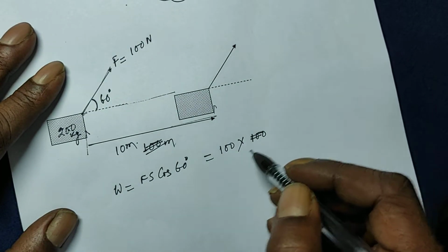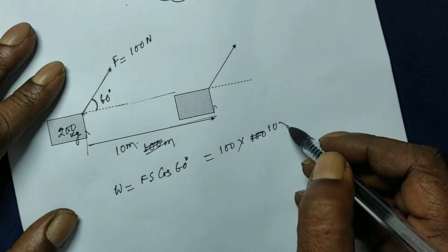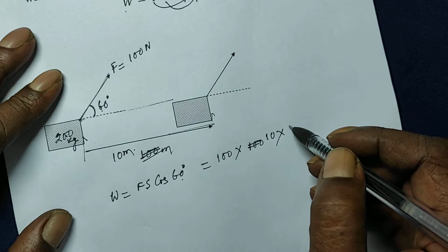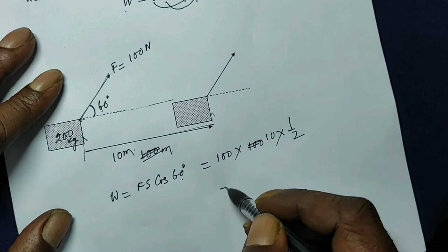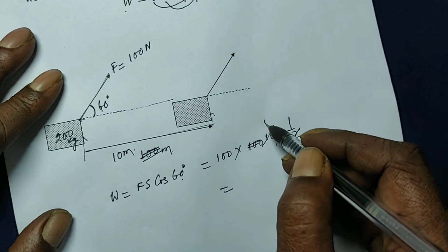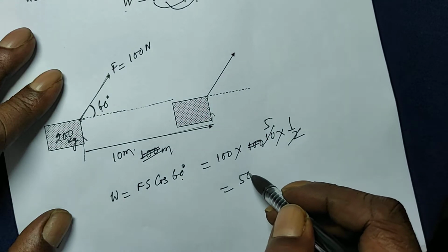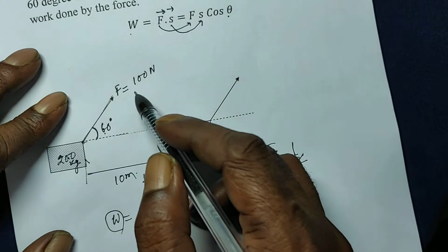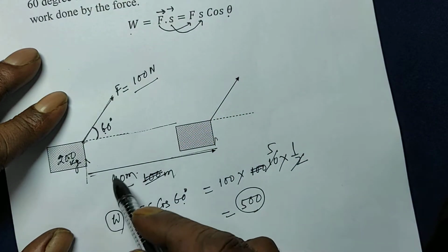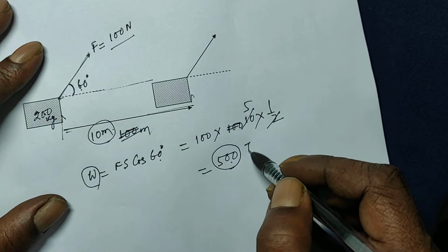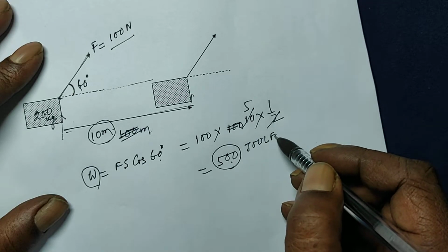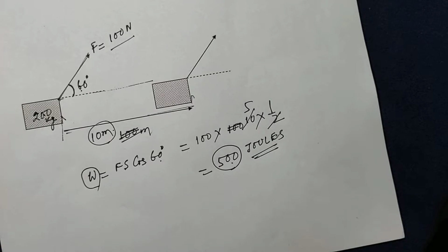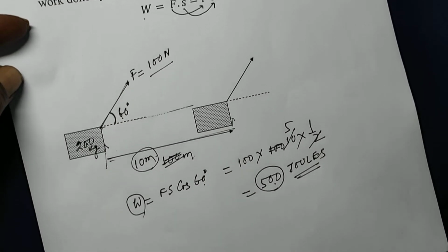So I'll make a correction here. Displacement is given as 10. And cos of 60 is equal to 1 by 2. This cancels. So 500. So work done is equal to 500. And since this was given in Newton and the displacement in meter, this many joules of work is done.